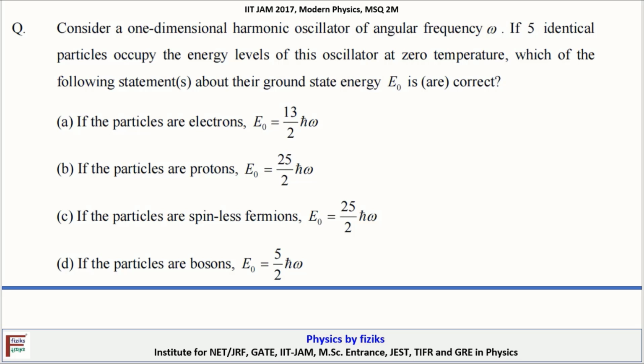Consider a one-dimensional harmonic oscillator of angular frequency omega. If 5 identical particles occupy the energy levels of this oscillator at zero temperature, which of the following statements about their ground state energies are true? So we consider the first case: particles are bosons.